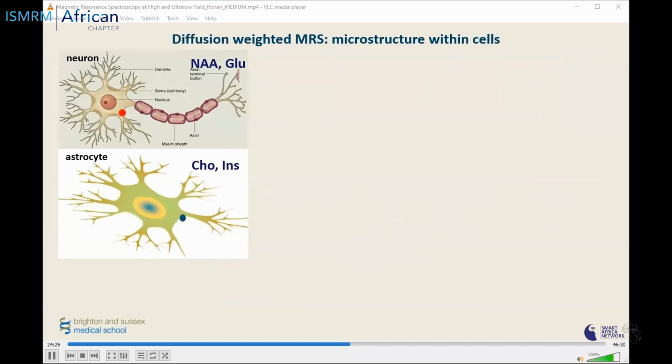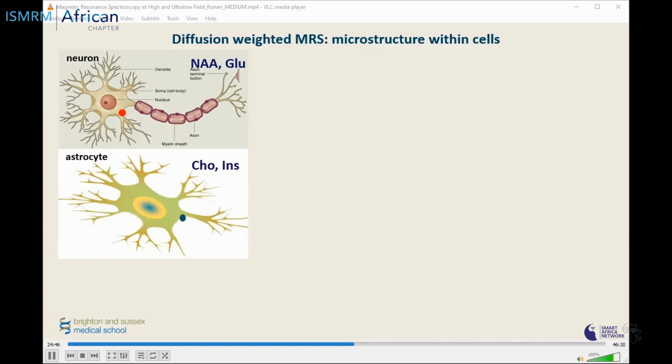Now let us consider a different type of MRS or magnetic resonance spectroscopy experiment, one in which we're not looking at the intensity or the signal strength coming from different metabolites, but to the diffusion property of the same metabolites that we first measured their concentration.